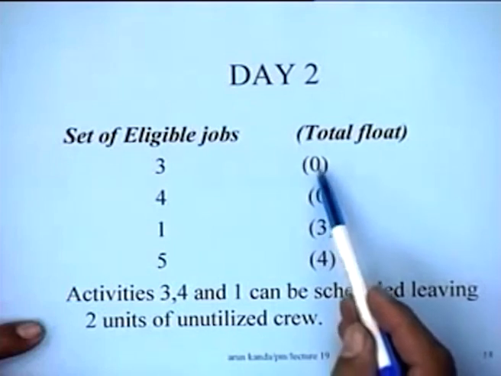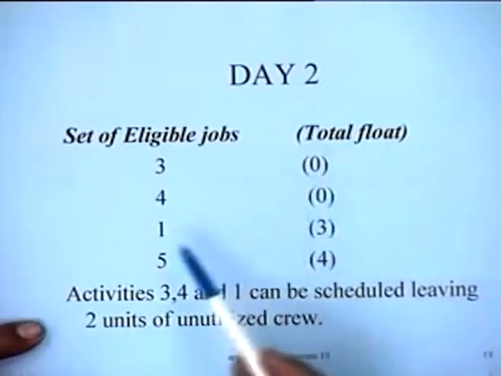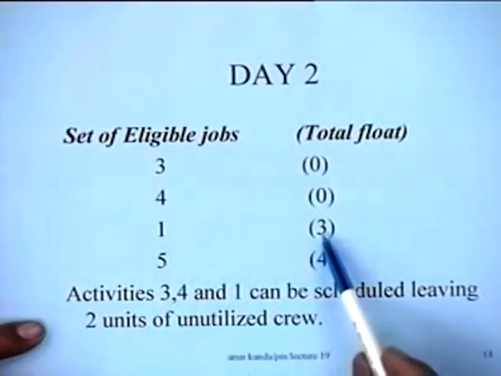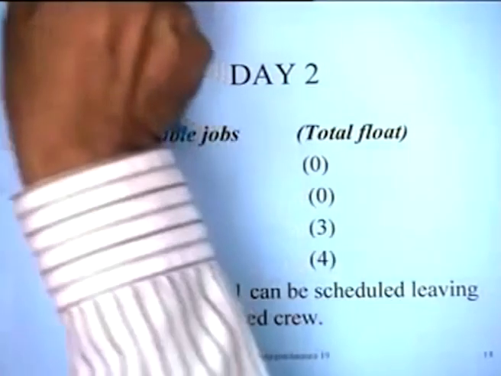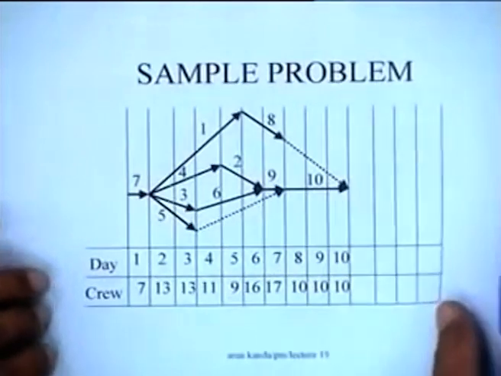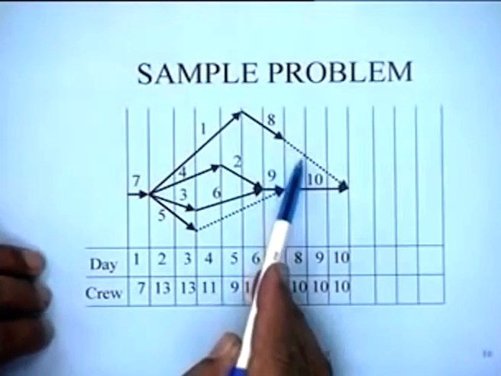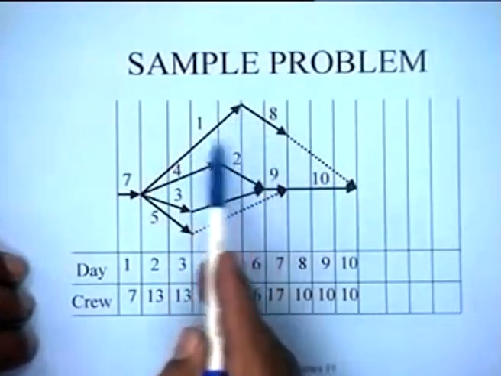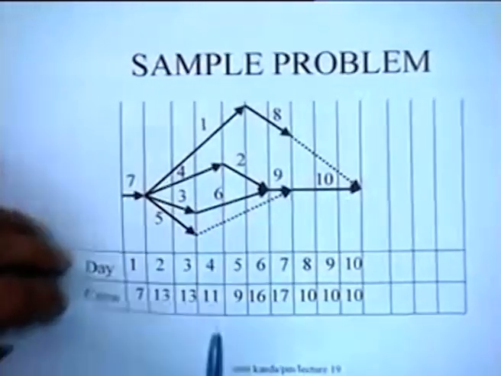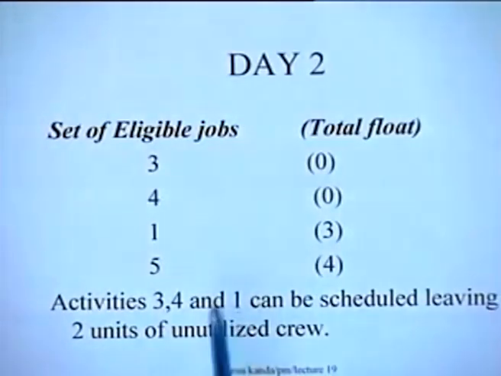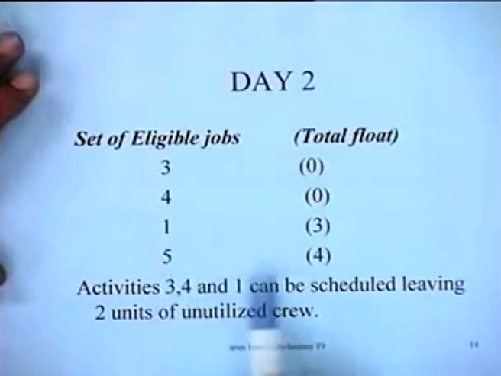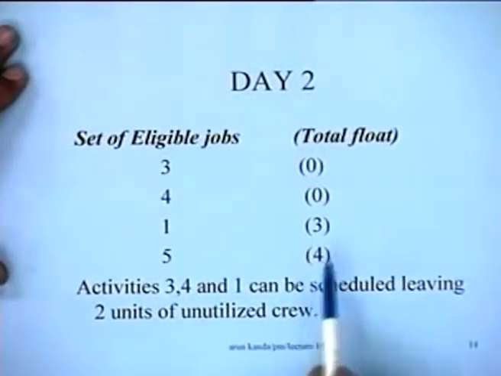They have a total float of 0. Job number 1 has a float of 3, right? You can see, for instance, job number 1 has this float of 1, 2, 3. Both 1 and 8 can be slid by 3 days. And job number 5 has a float of 4 days. So this is the order of the jobs.